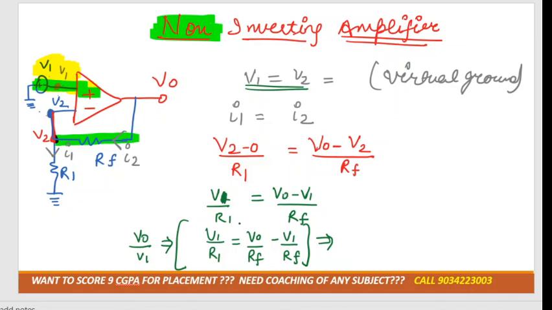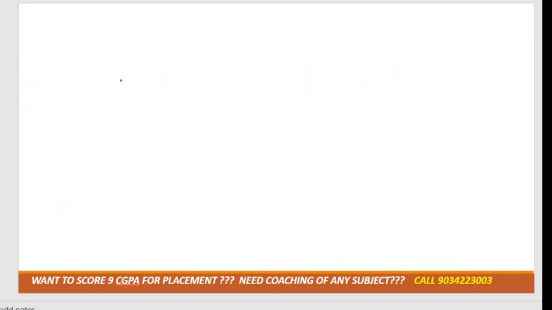Similarly, I can shift this V1 to the other side. So it would be V1 by R1 plus V1 by RF is equal to V0 by RF, right? If I take V1 as common, then what would be the answer?